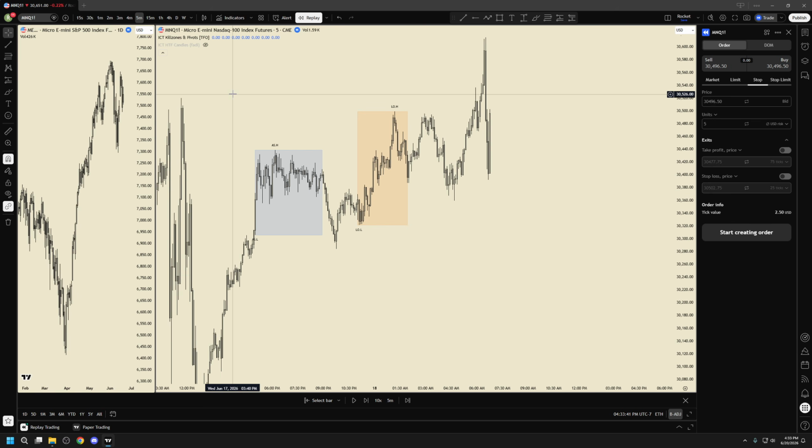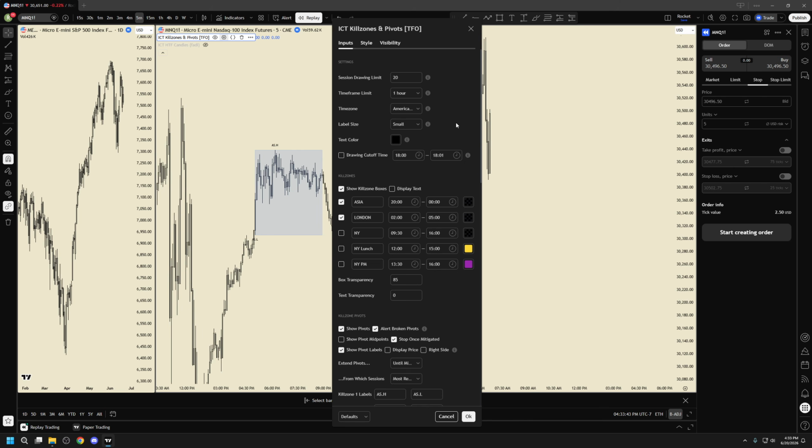So yeah, I just have these settings on. These are the times I use. Drawing session limit 20. Time frame limit an hour.